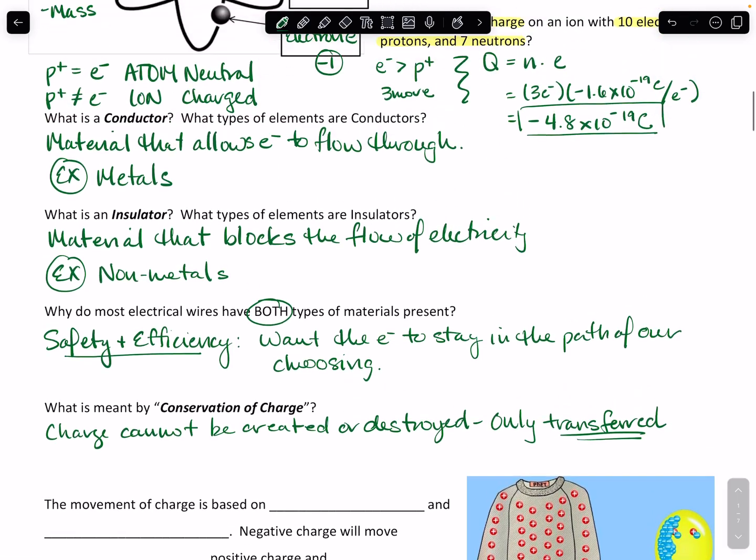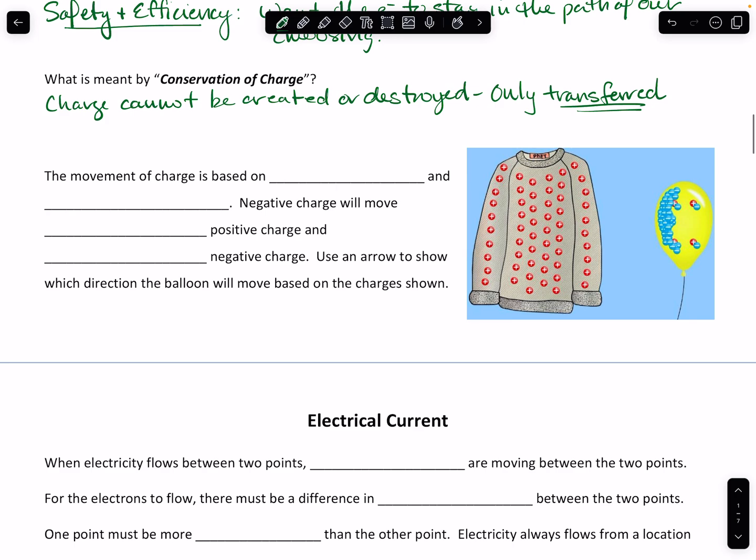Now the movement of charge is going to be based on 2 factors, attraction and repulsion. Negative charges are going to move towards positive charges, and negative charges are going to move away from other negative charges.